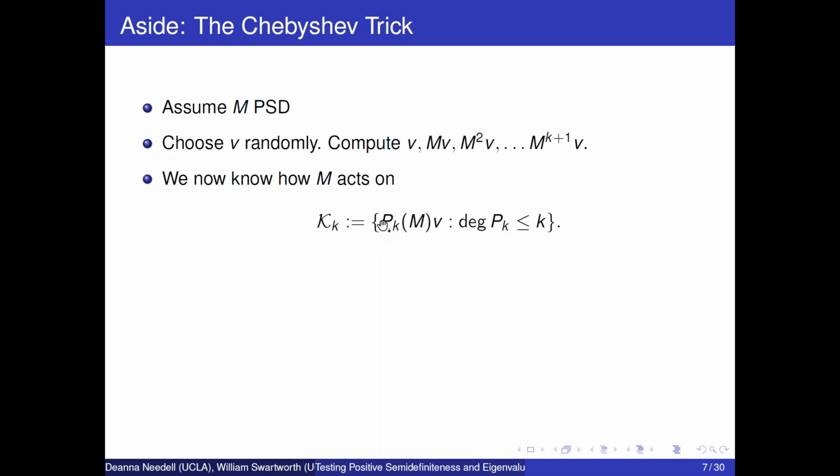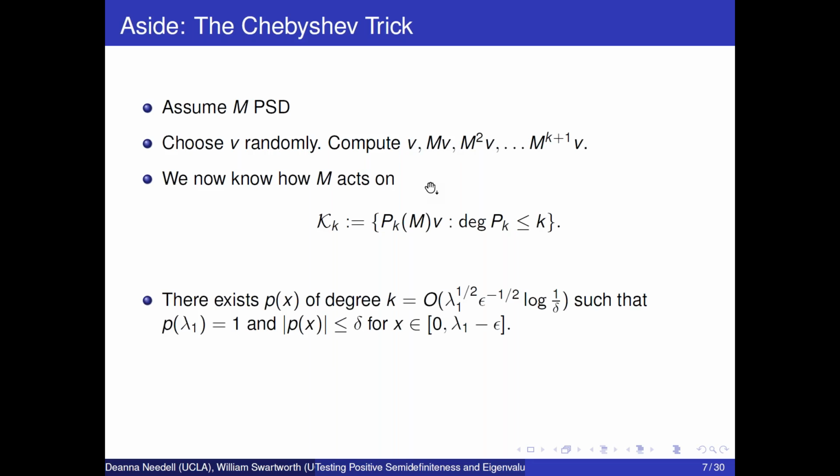Okay, and this gives you this P of M, and we know what P of M times V is for any polynomial P of degree at most K, because we can just multiply the outputs that we got by the coefficients of the polynomial and add them together. Okay, so we get any polynomial of the eigenvalues.